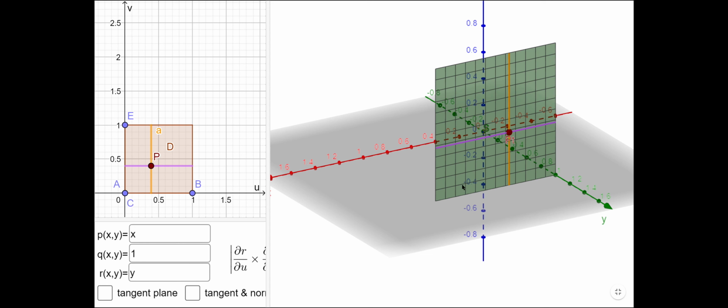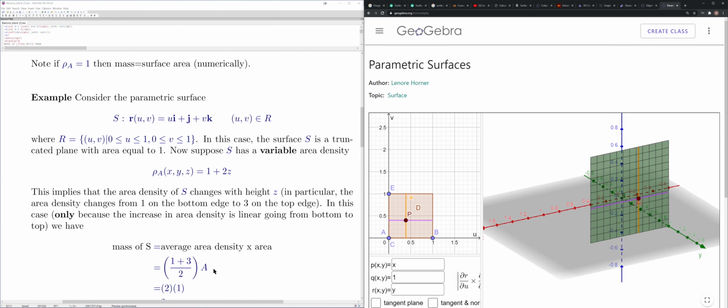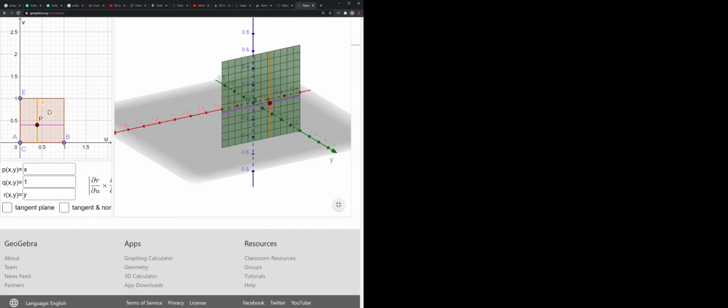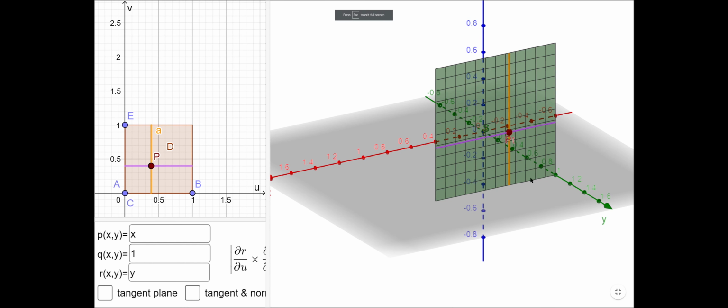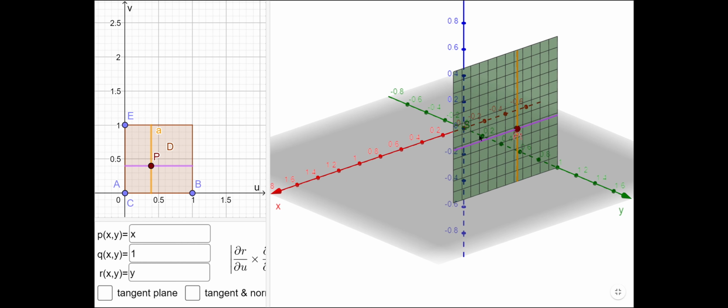And because this function is linear in z, you're going to have a linear increase from 1 over here to 3 over here, which means that you can talk about the average area density for this metal plate. The average area density is between the 1 and the 3, which is actually 2.